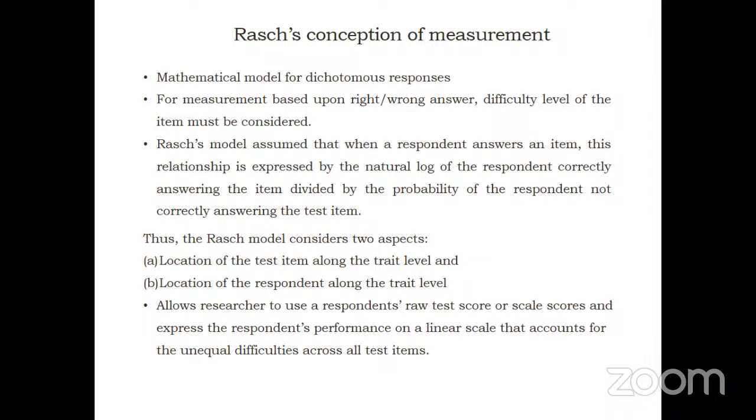Well, Rasch's model provided a mathematical model based on which we can directly compare the psychological trait of two people if we consider the location of the person and the location of the item together on the continuum. So that's the solution to the limitations of the classical test theory approach. And that's why Rasch's model became very popular at a later stage. Subsequently, many other IRT models were proposed.